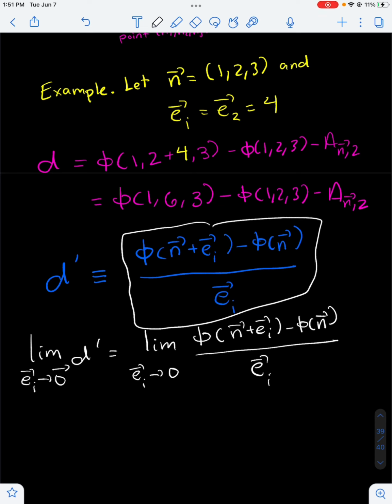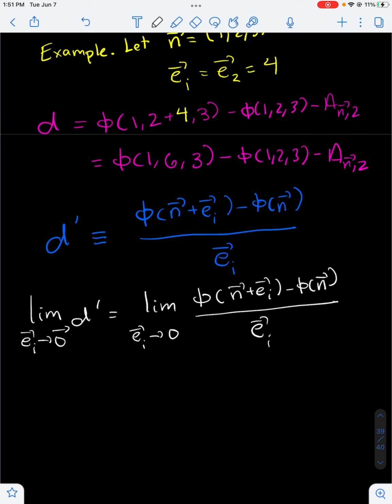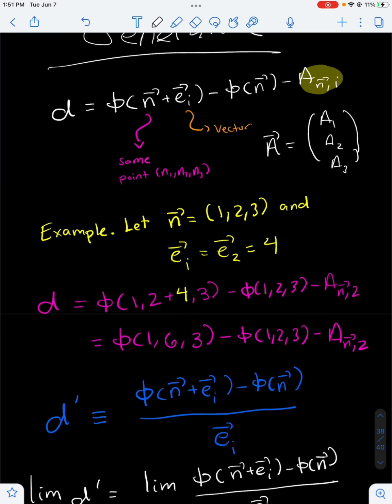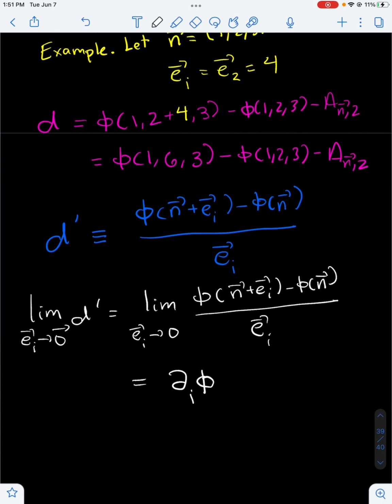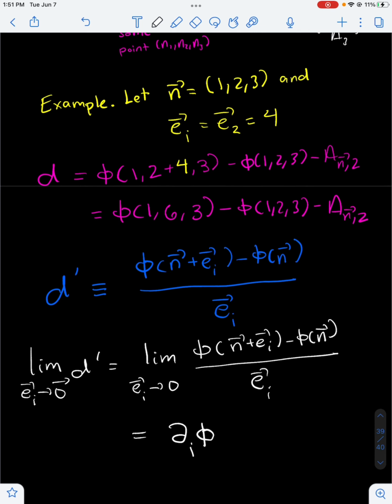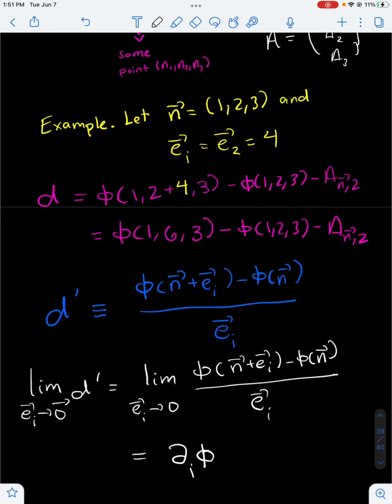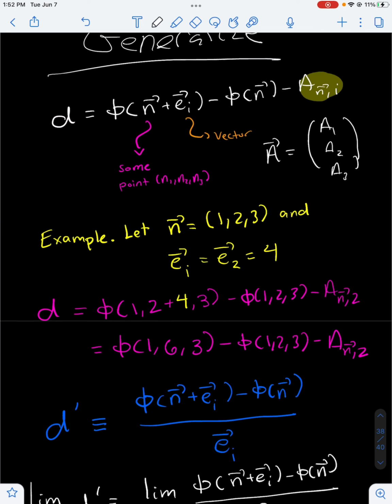The limit of d prime is going to be equal to this that you see over here. And that's just the definition for the partial derivative of phi, so partial I phi. So this means that if we take the limit as ei approaches 0, this whole expression will just be equal to the partial derivative of phi with respect to some direction.